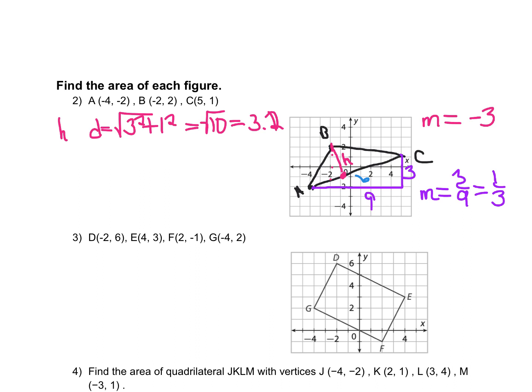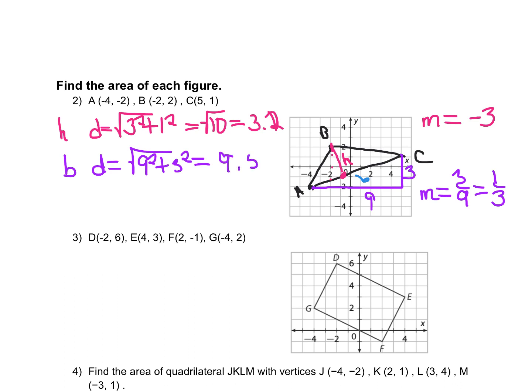And then the length of my base is the square root of 9 squared plus 3 squared, which is the square root of 81 plus 9, 9.48.